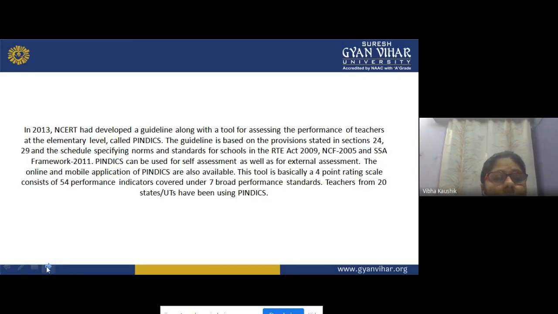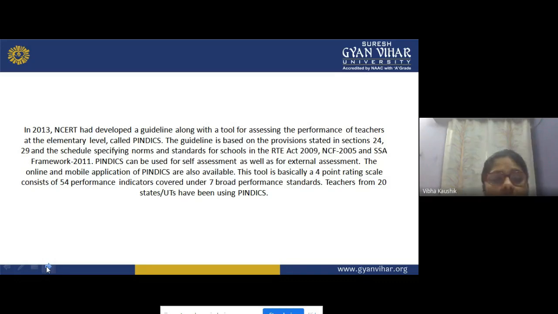In 2013, NCERT developed a guideline along with a tool for assessing the performance of teachers at the elementary level. That tool will evaluate the performance of teachers who are teaching students at the elementary level.